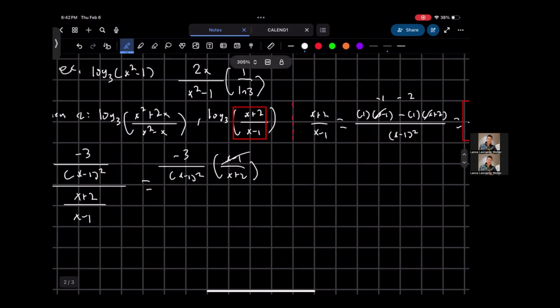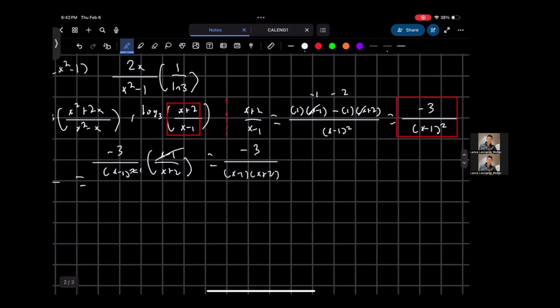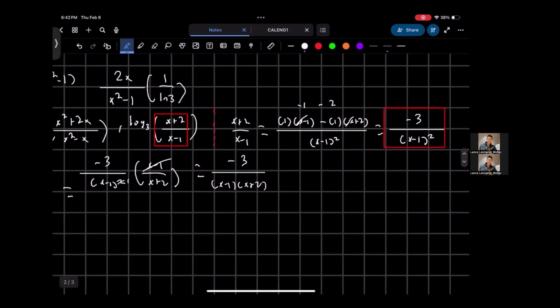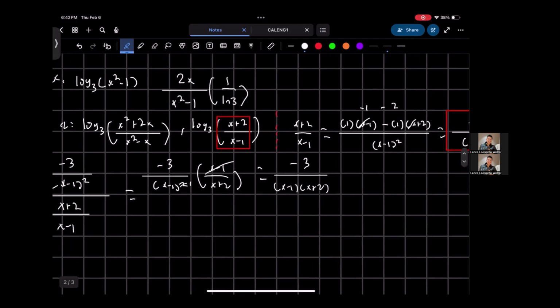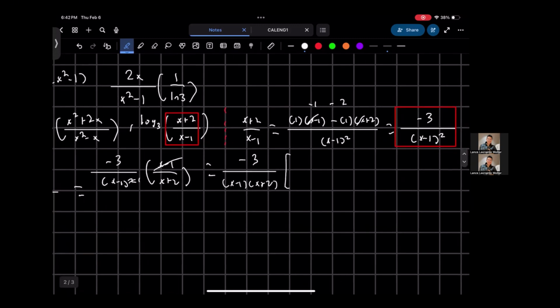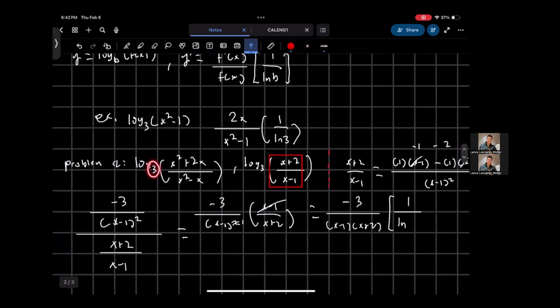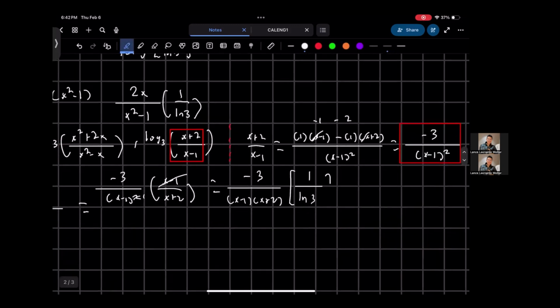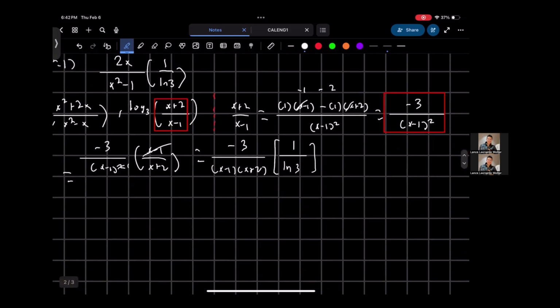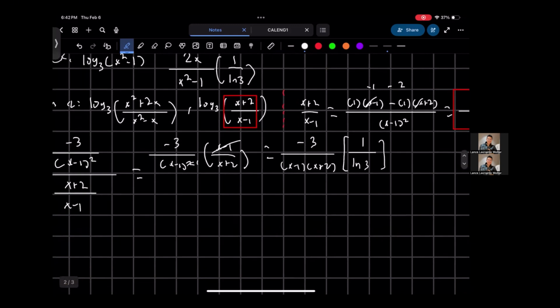There, x minus 1 here cancels out, and then you will have -3 all over x minus 1 times x plus 2. Oh, and we forgot something, right? Because remember, we still have to multiply this whole thing by the ln of your base. Okay, so don't forget that. Okay, I almost did. But yeah, this is going to be our answer.